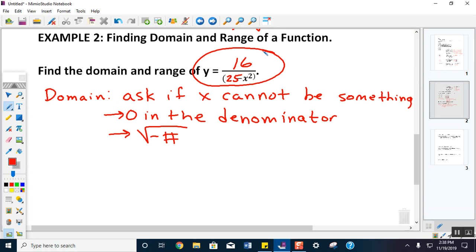Also, -5 squared, what is that, kids? 25. Okay, so the domain for this is going to be all real numbers except what values?